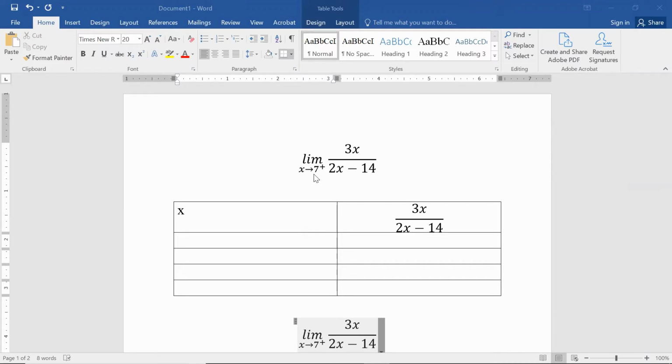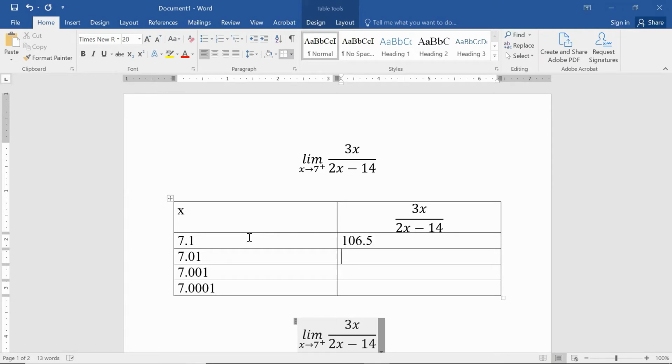So limit as x approaches 7 from the right means that we're going to plug in values of x which are above 7. So let's do 7.1, 7.01, 7.001, 7.0001. Let's look at what output values I get. If I plug in 7.1, I get 106.5.